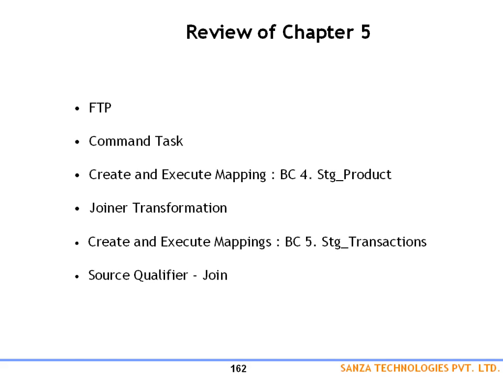Under the ports, you enable that M port. That is called the master port, which has fewer records compared to the other source. So this master data will be put into the joiner transformation cache, and an index is also created on the join condition column at runtime by Informatica. Then the detail source comes record by record, scans the cache, and whichever satisfies the condition will be taken to the next transformation or the target. If the condition is not satisfied, it will drop the records.